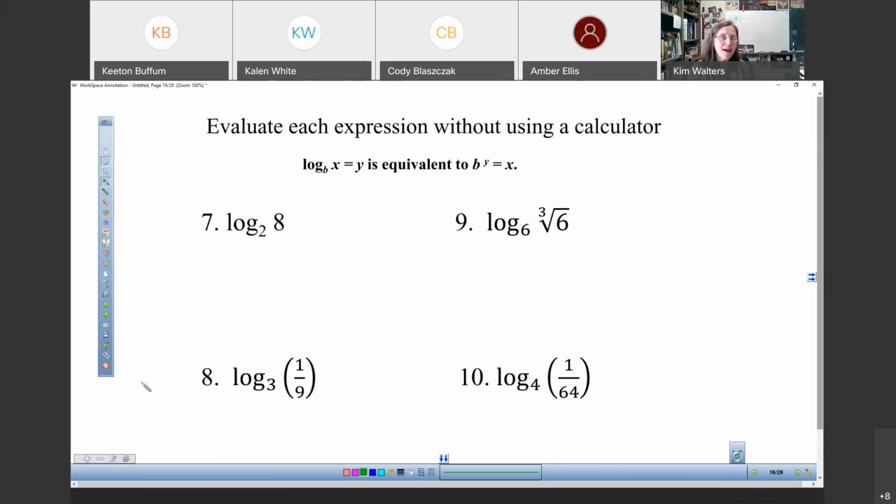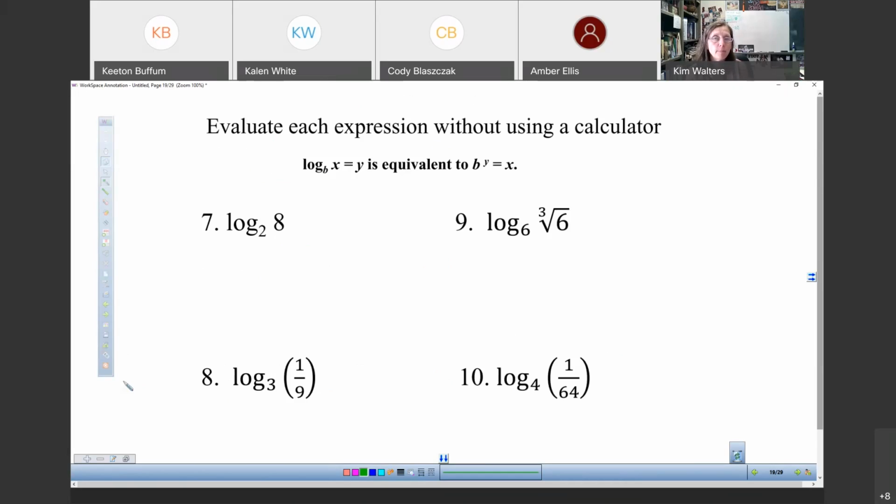Okay. So now we're going to talk about how to evaluate these guys without your calculator. Your calculator will do some logarithms. It will do a log, which is special, and it'll do an ln, which is special. But log base 2 is not so super special. So I'm going to show you how to do these without your calculator. We're going to do these by rewriting them in terms of an exponential form.